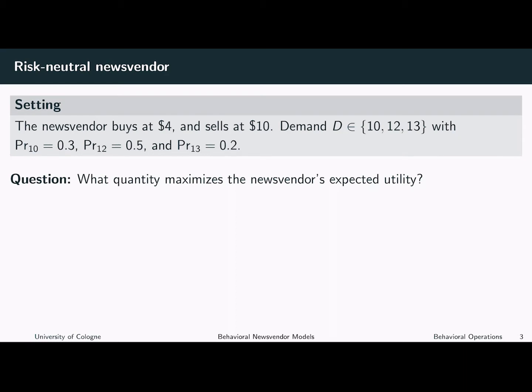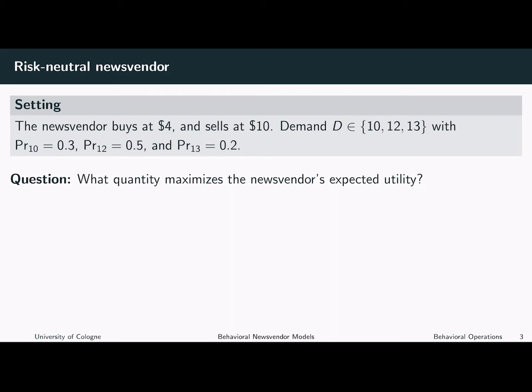First, observe that order quantities below 10 units make no sense, because ordering 10 units dominates all these order quantities, and also ordering more than 13 units makes no sense, because you will never sell more than 13 units.